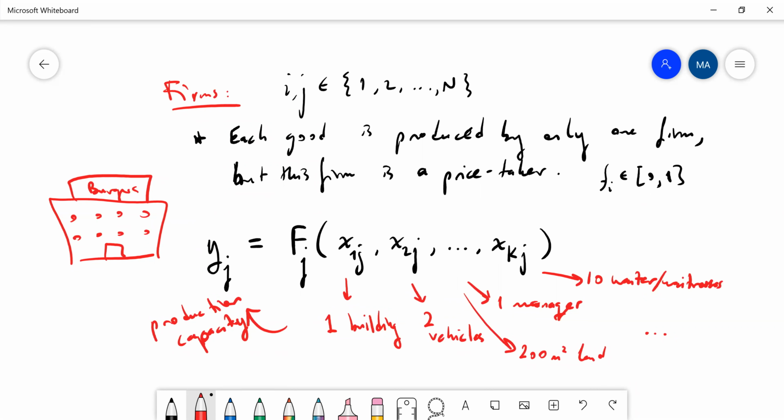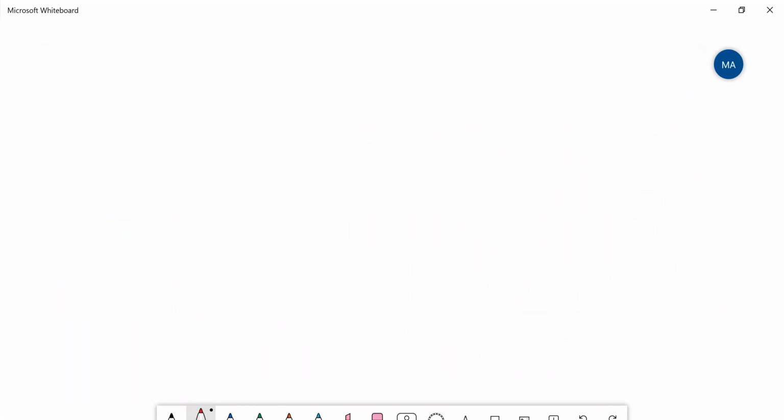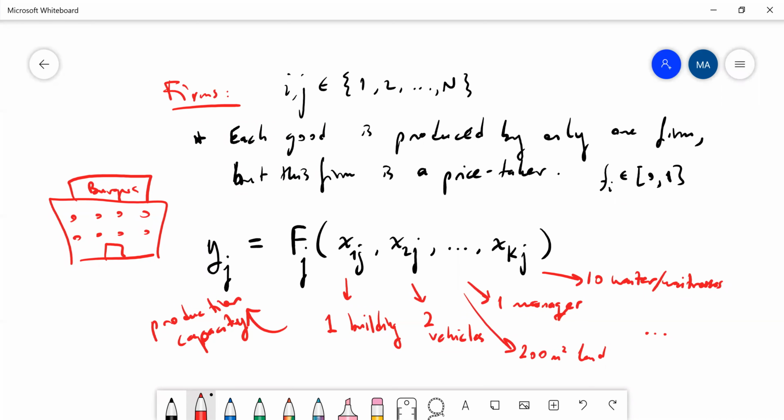Next, of course, we're going to have the other part, how to produce it, right? There's one assumption here. Let me be specific about this. This f function will exhibit constant returns to scale, CRS.